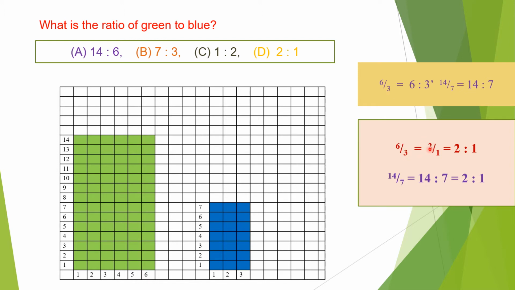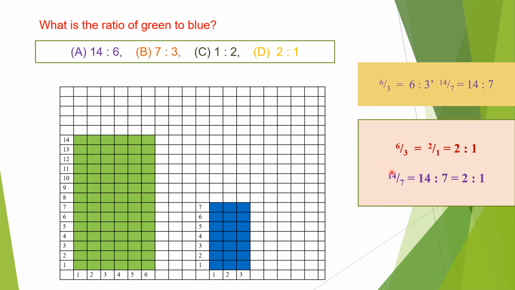Hence, we have the 2 numerator divided by the 1, which should be written, for the purpose of ratio, 2 colon 1. 2 to 1. Do you see the answer 2 to 1? Yes. The answer 2 to 1 is here.